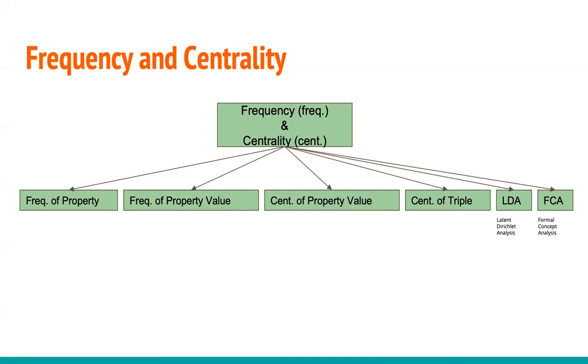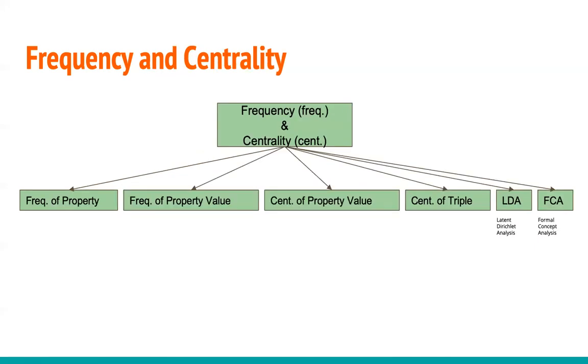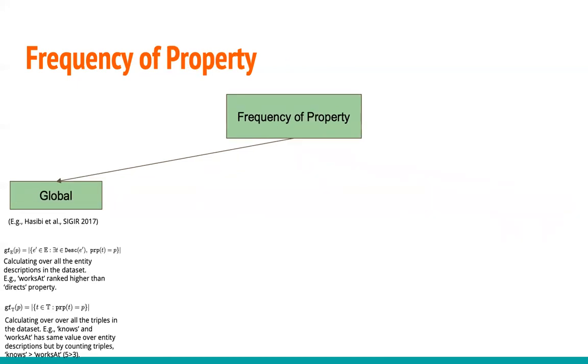So let's go in and see. Basically, we look at the first one, and see what it means: frequency of a property. Frequency of a property can also be measured using different ways of calculating this value.